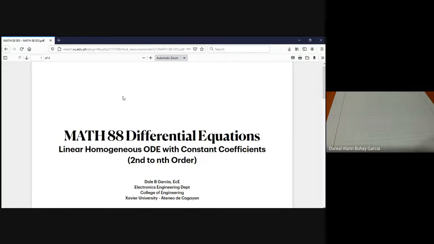That is, if ang kada isa ba ato nga mga solution is in itself a solution, no? So kung dili, those are linearly dependent solutions. And the method sa ato pagbuhat is called the Wronskian. So I hope there's no more question regarding ato para maka-move ta sa next topic.